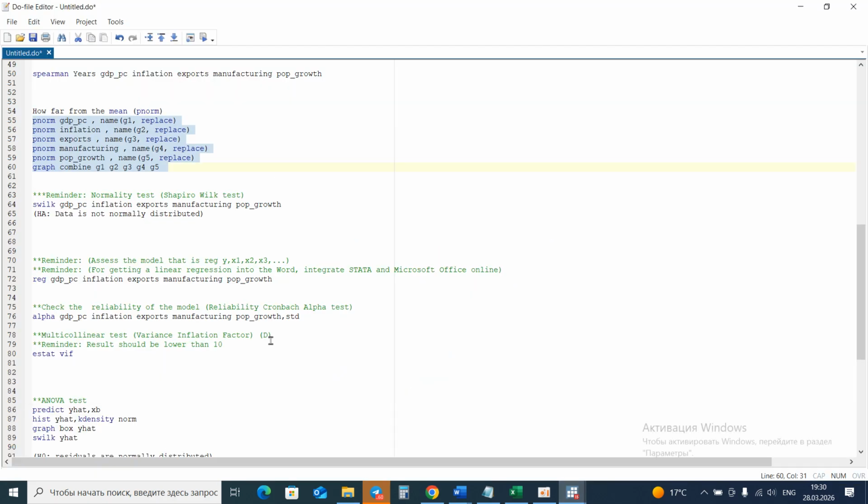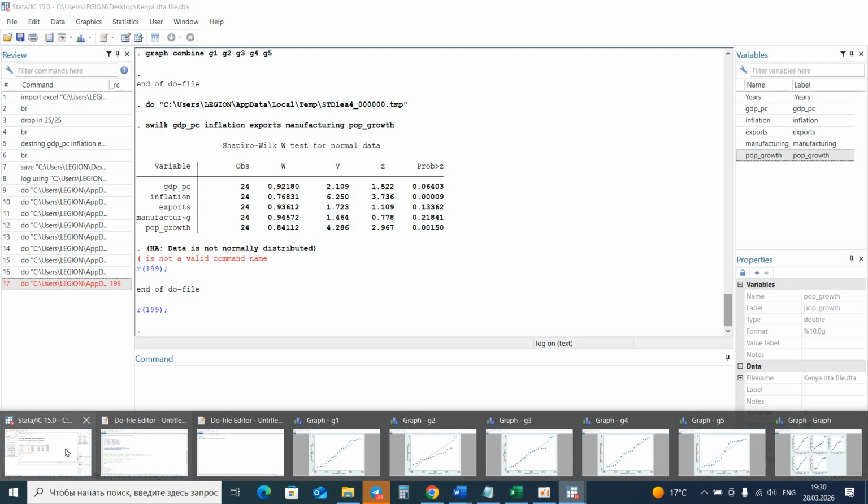Next, this is the Shapiro-Wilk test for normal distribution, and we have it here.